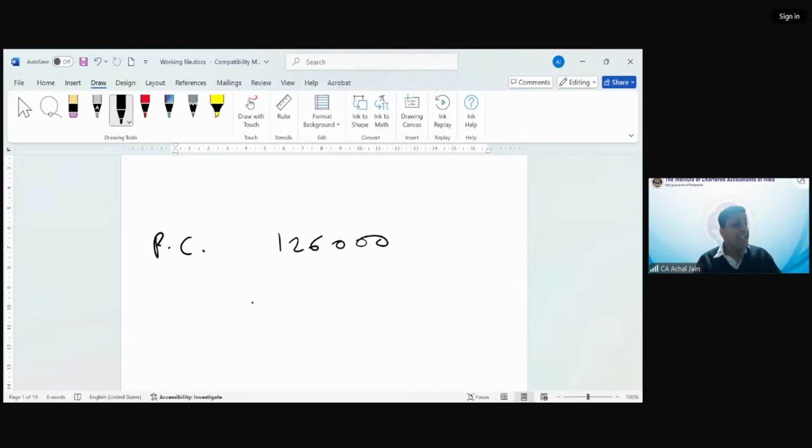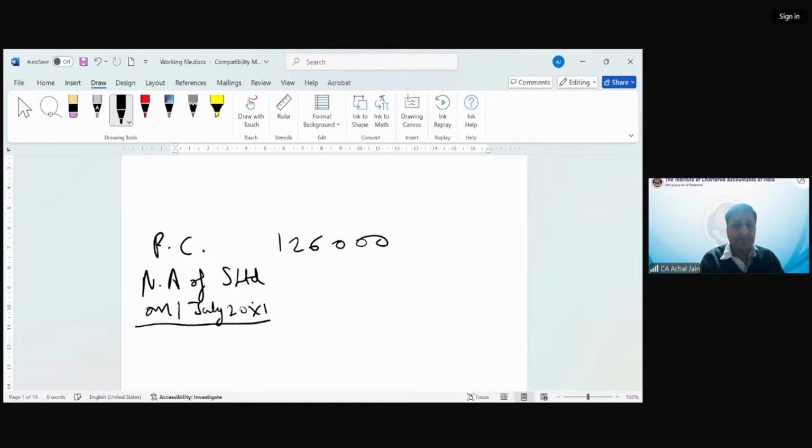Now, against this, what do we need? Net assets of the subsidiary on the date of acquisition. Net assets of S Limited on 1st July X1, when the acquisition took place.